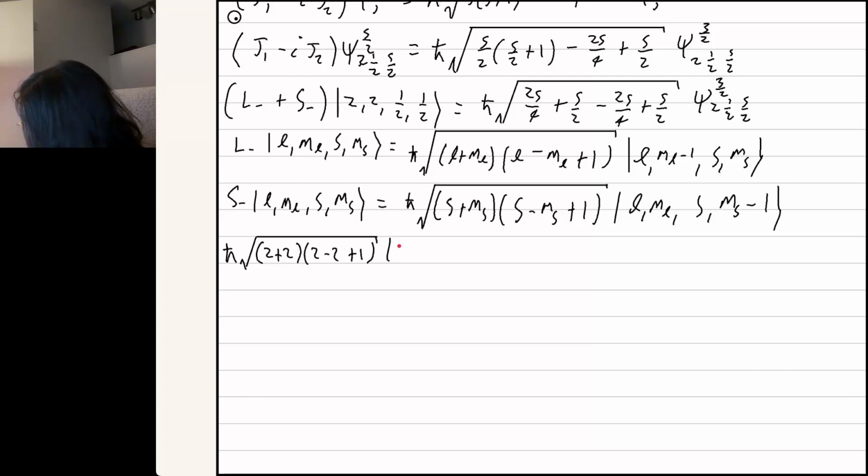That'll be times the state 2, 1, 1/2, 1/2. And then for the S operator, we'll have 1/2 plus 1/2 times 1/2 minus 1/2 plus 1.